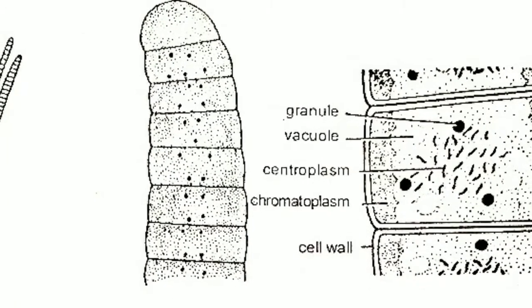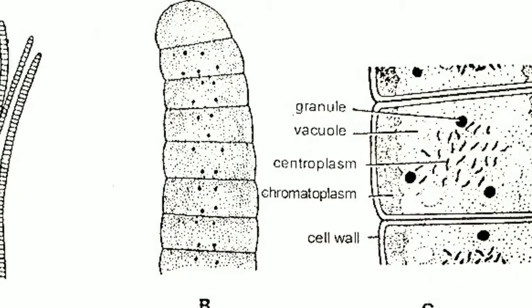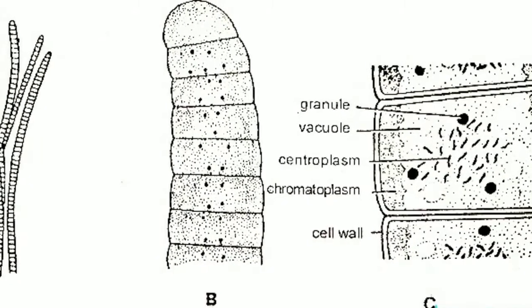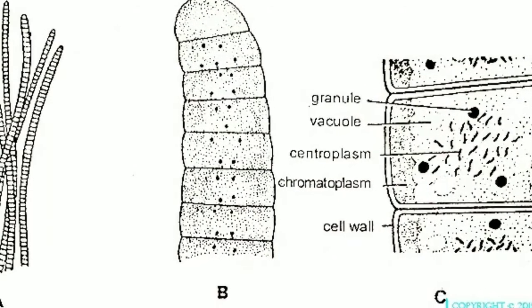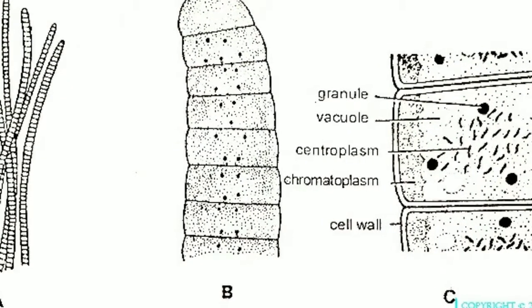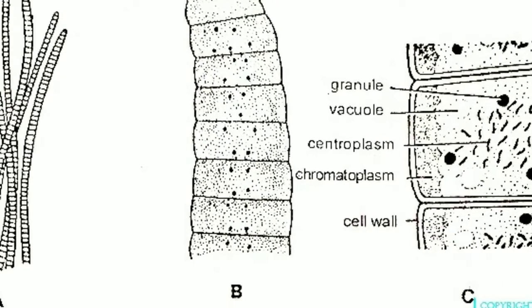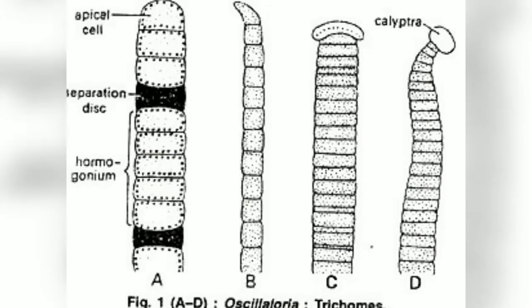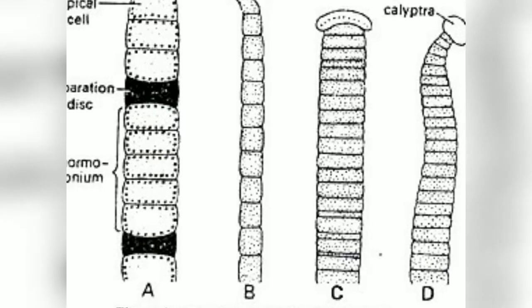In some floating species, rounded or hollow cylindrical and tubular gas vesicles are found in cytoplasm. Vesicle walls are composed of ribs or spirals of protein. Species which have gas vacuoles in their cell are present near the surface of water.